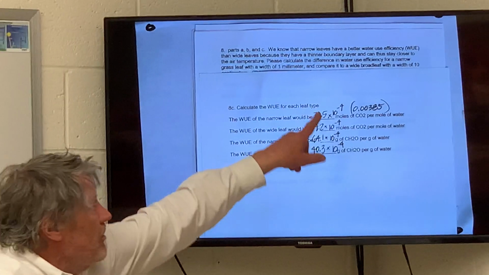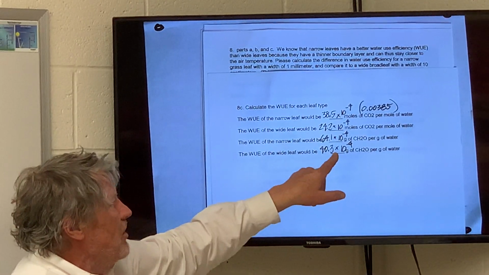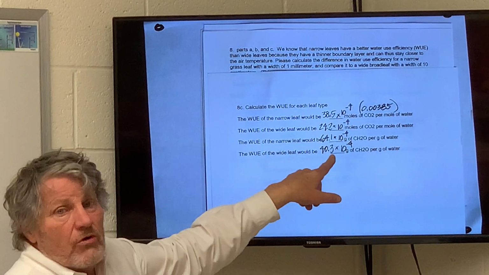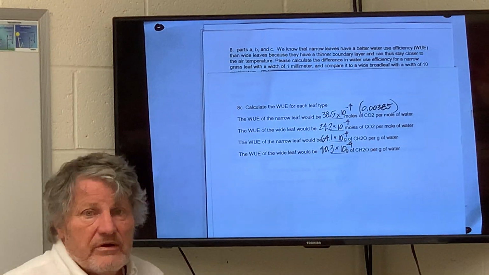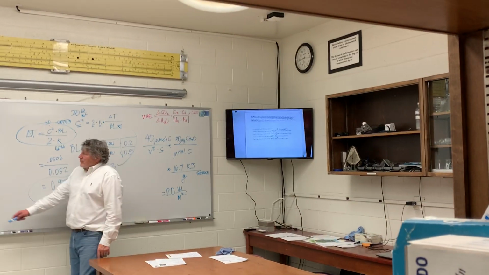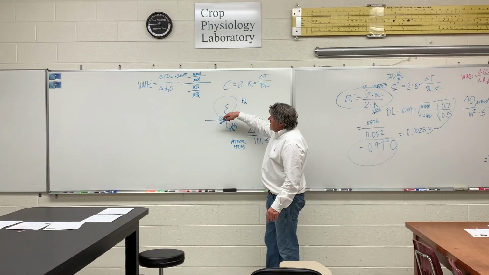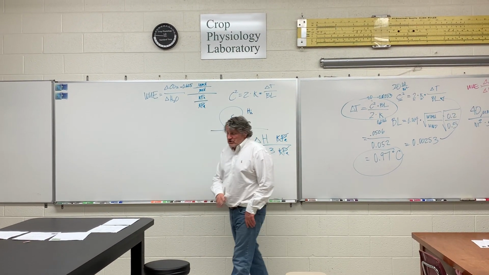And I didn't leave a very big space here because these are all 10 to the minus fourth. These are all small numbers because the gradient for water coming out is huge and the gradient for CO2 going in is much smaller.